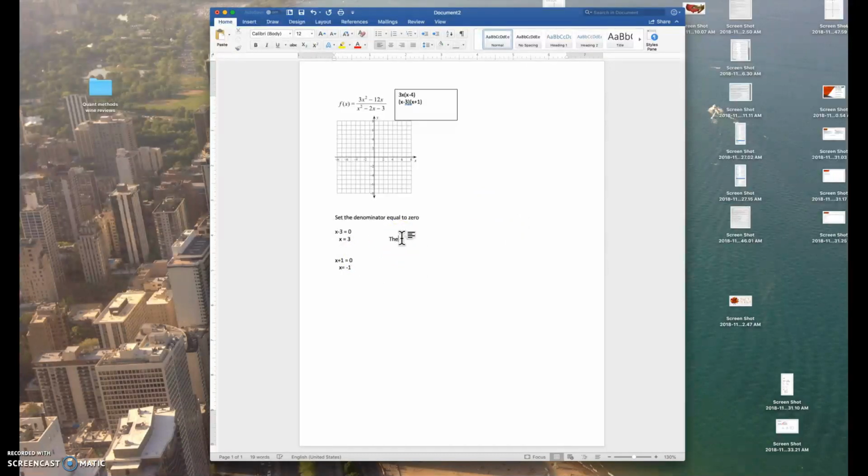So these are the constraints on your domain. These are values that x cannot actually equal. And they are going to be vertical asymptotes.